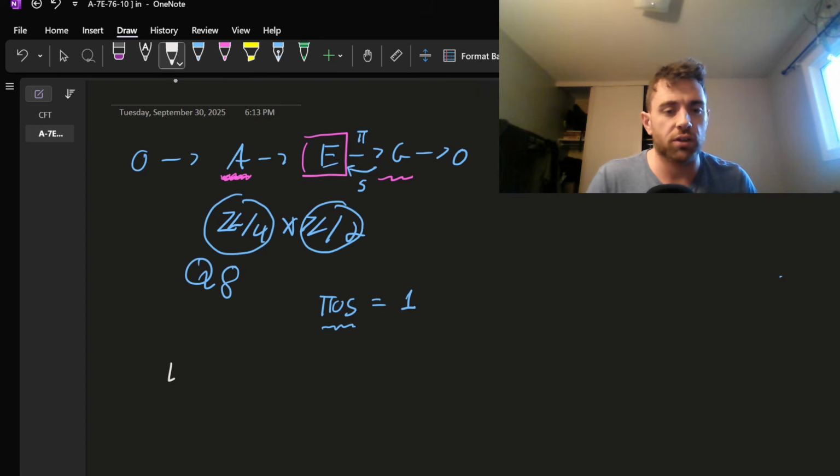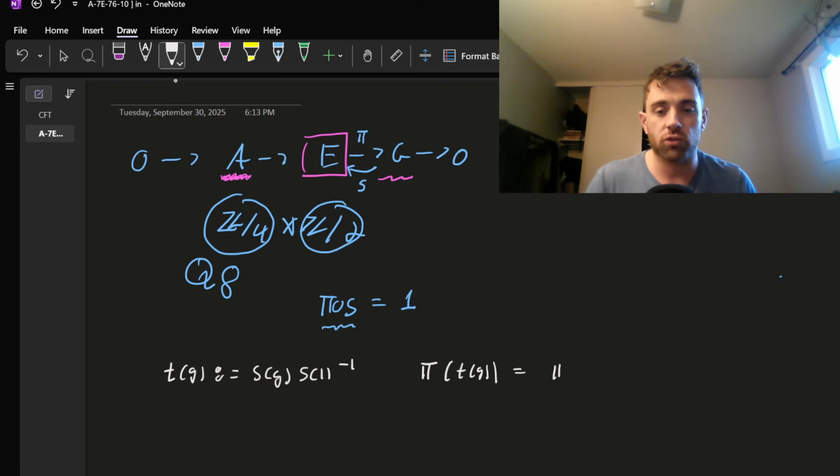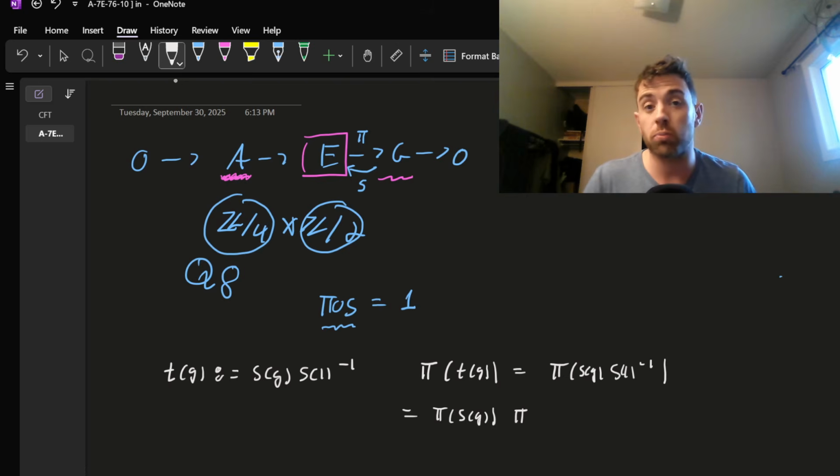Now, if we started with some set theoretic section, S, we could define another one, T of g, which would be S of g times S of 1 inverse. Then this is still a section because pi of T of g, of course, is pi of S of g times S of 1 inverse. Pi is a homomorphism, so this is pi of S of g times pi of S of 1 inverse, and because pi is a homomorphism, we can pop that inverse out here.